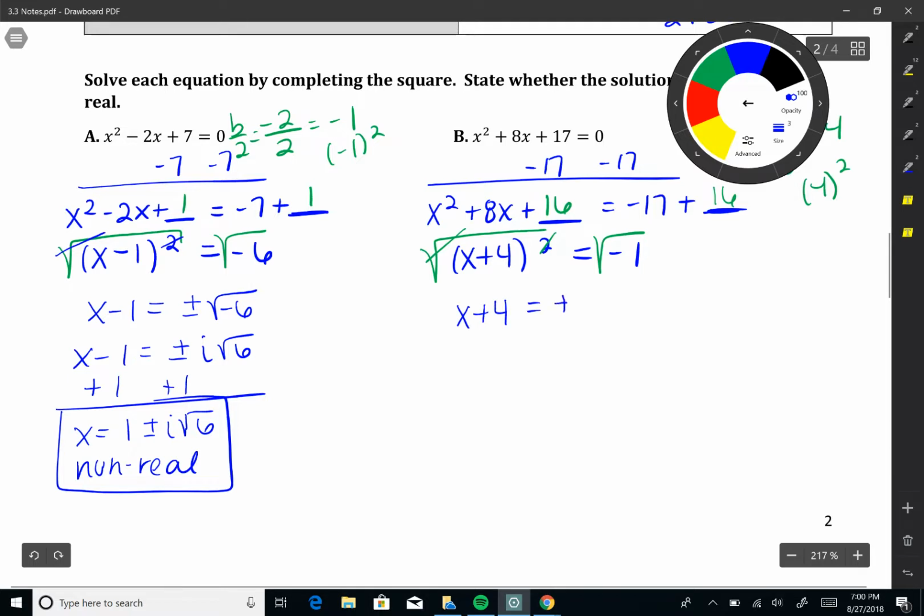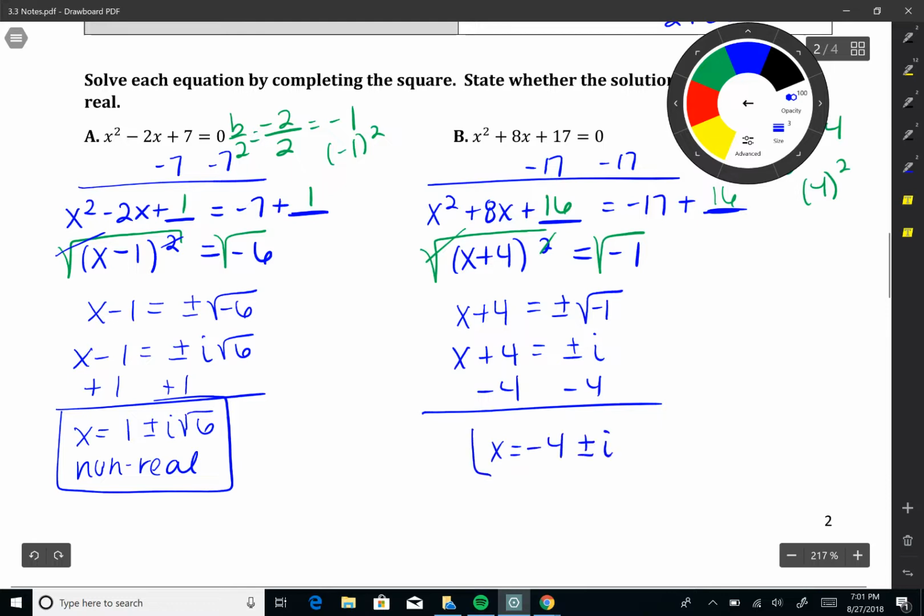On the right, plus or minus the square root of negative 1. We know the square root of negative 1 is just i, so I just have plus or minus i. And finally, I need to subtract 4. So x equals negative 4 plus or minus i. And those are non-real solutions because we got an i in there.